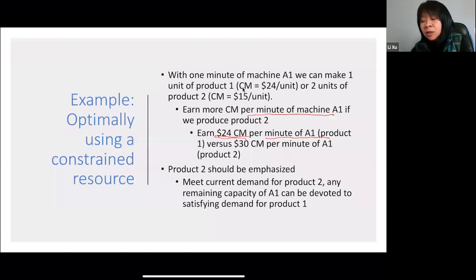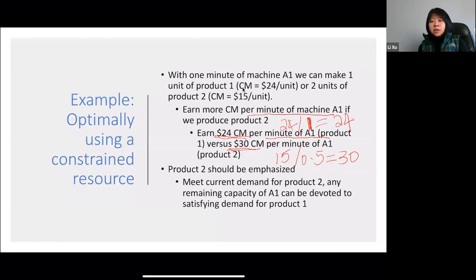So therefore, the total is going to be $30 contribution margin per minute of machine A1. If you want to know how I get this $30, you just take 15 divided by 0.5, that's half a minute to process 1 unit of product 2, which gives you 30. For product 1, you just take 24 divided by 1 because it takes 1 minute. That gives you 24.